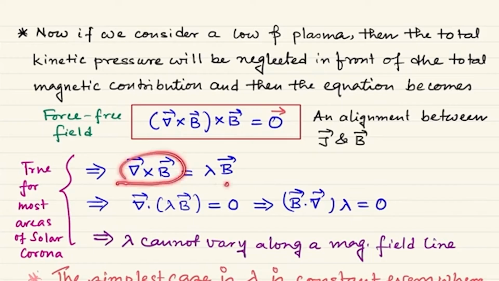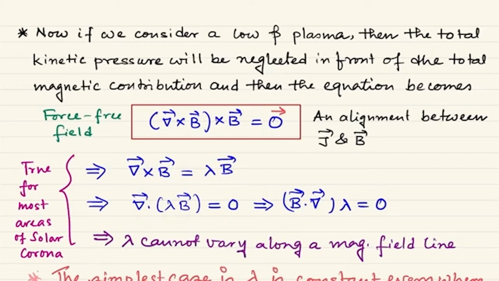On this side, this is a divergence of a curl, which is 0 identically. On the other side, that will be divergence of lambda times B, which is also 0. Now remember, lambda is a scalar, so it can be a function of space as well. I am not saying lambda is a constant, I am just saying that lambda is a scalar. So divergence of lambda B is equal to 0.